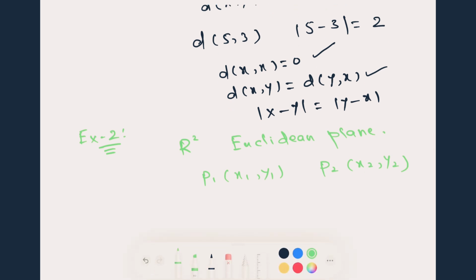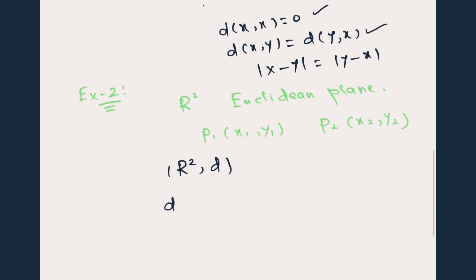I can make a metric space in this manner: R2, D, where D between 2 points will be defined in this manner.